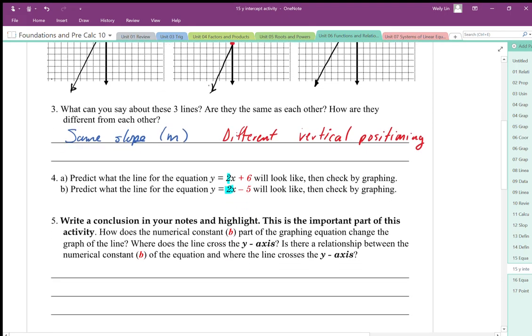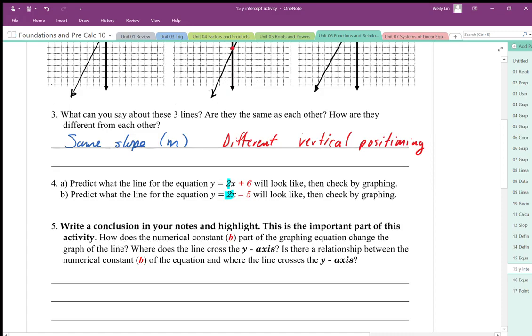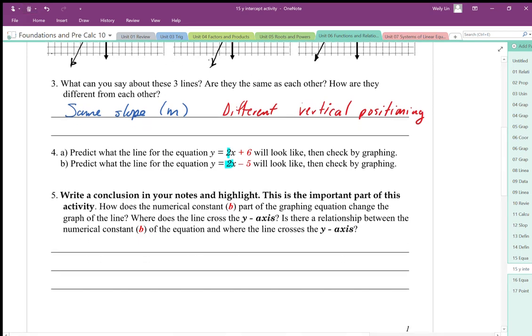Okay? So what conclusion can we make about this? I want you to highlight this. What is the main idea? How does the numerical constant of the graphing equation change the graph of the line? Well, that numerical constant is going to tell us where the graph crosses the y-axis.